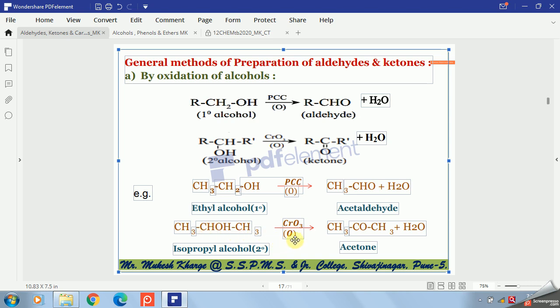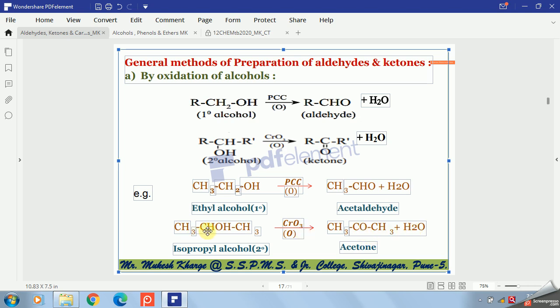So if it undergoes oxidation by using CrO3, then the hydrogen from the OH group and this secondary carbon get removed with this oxygen, and it gives a double bond between carbon and oxygen, and that is acetone as a product.